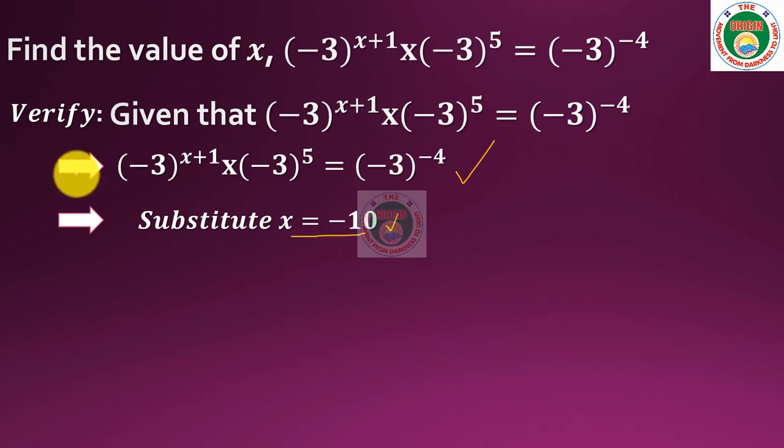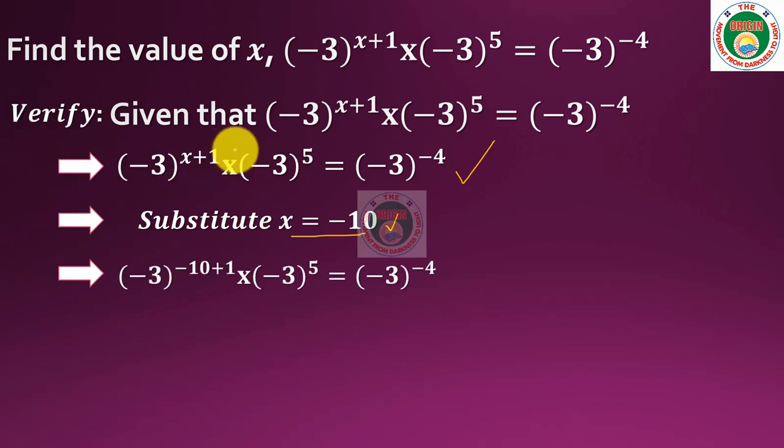Substitute x = -10 in the given expression (-3)^(x+1). Only x is there, so in place of x I substituted -10. The rest of the terms are the same: (-3)^(-10+1) × (-3)^5 = (-3)^(-4).